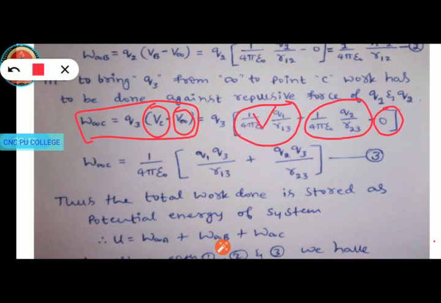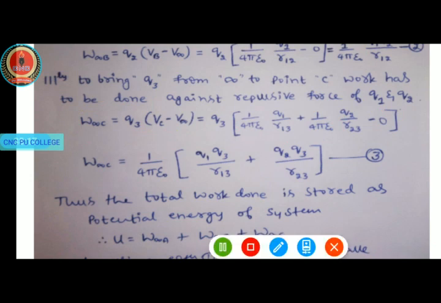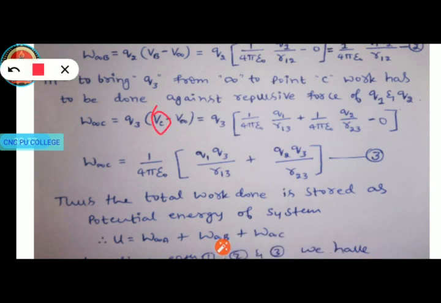So at C we have potential due to Q1 as well as potential due to Q2. So the total potential VC can be considered as 1 by 4 pi epsilon naught Q1 by R13 plus 1 by 4 pi epsilon naught Q2 by R23 by the superposition principle, and V infinity is 0.